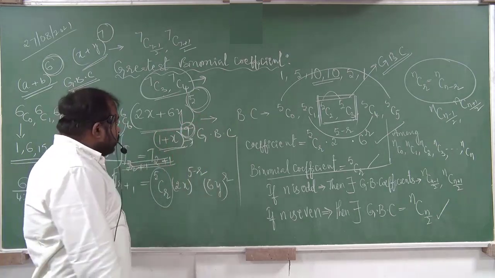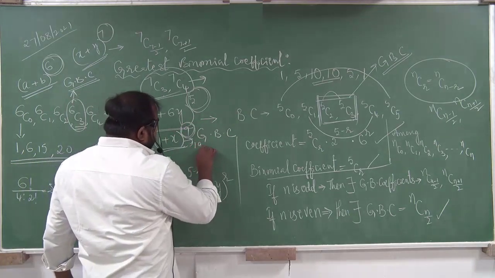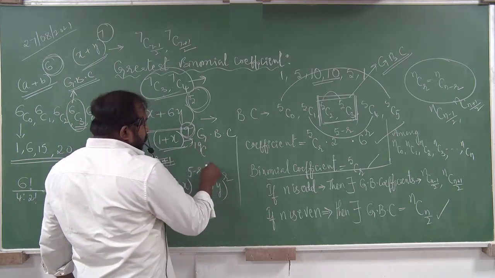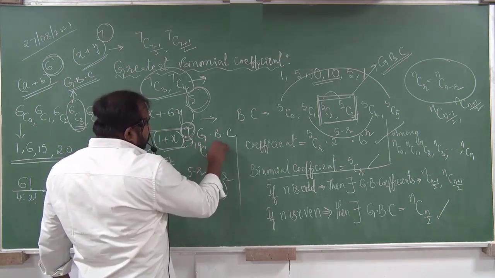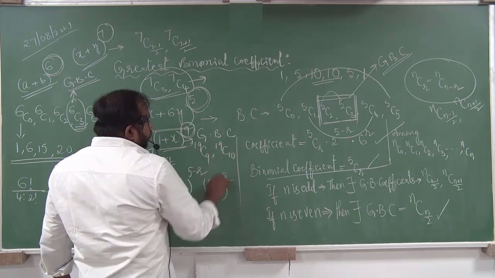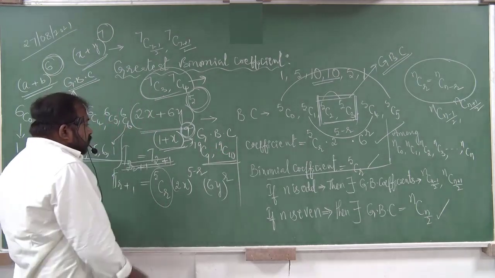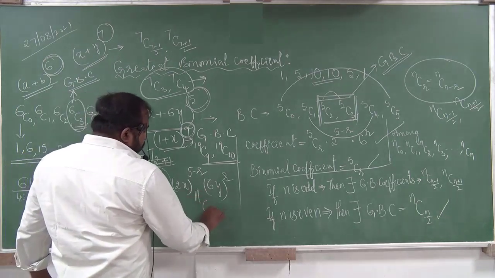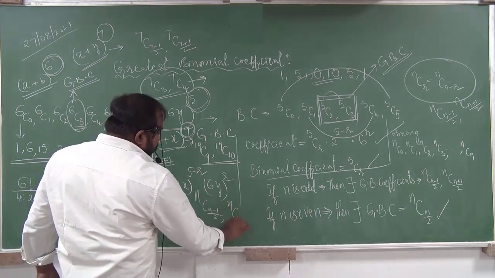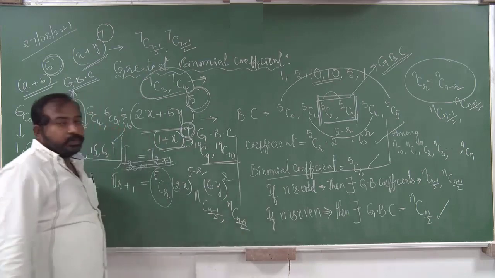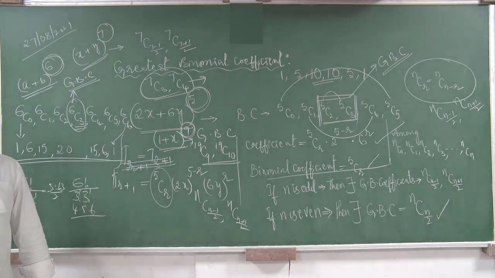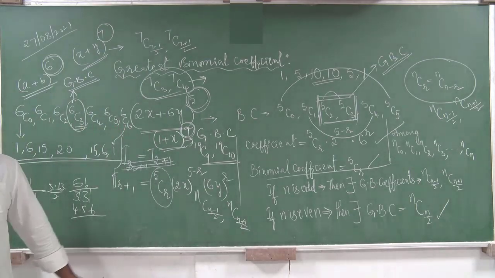What are the two coefficients? 19C(19-1)/2 means 19C9, and 19C10. These are the two greatest binomial coefficients. What is the formula? When n is odd, nC(n-1)/2, nC(n+1)/2 are the values. I hope that this is clear.